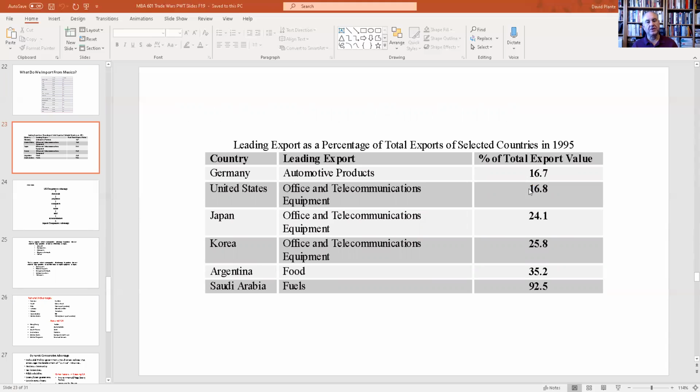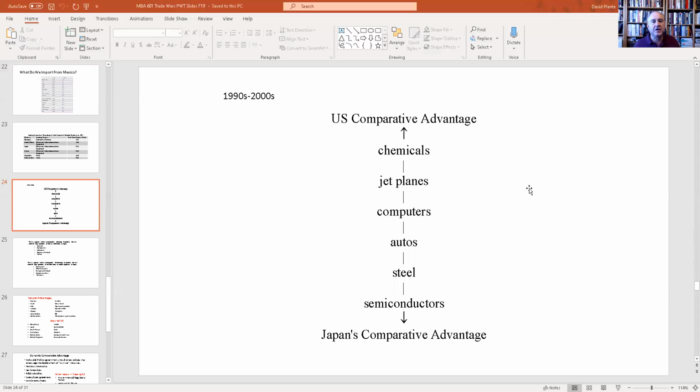Look at Saudi Arabia, and of course, fuels make up almost 93% of their exports. So some countries have a nice diverse set. Some focus on a simple one. And in trying to get a feel for comparative advantage, it's often not all or nothing. So if you look at between the United States and Japan, this is from the period 1990s to the 2000s.